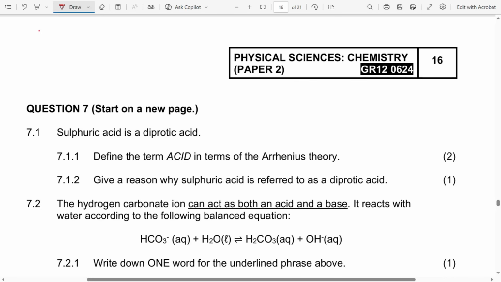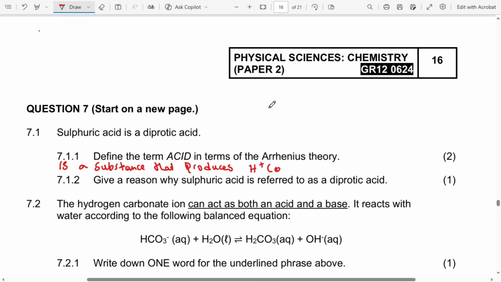Okay, so I'll definitely give you examples because I can see on 7.1.2 they want you to give the reason why sulfuric acid is referred to as a diprotic acid. First question, define the term acid in terms of Arrhenius theory. So according to the Arrhenius definition, an acid is a substance that produces the H plus ions.